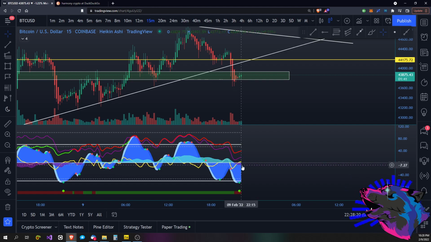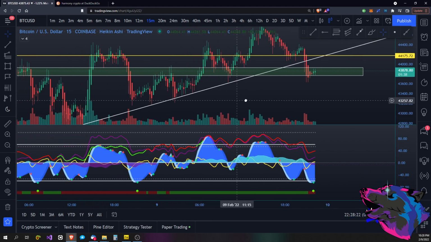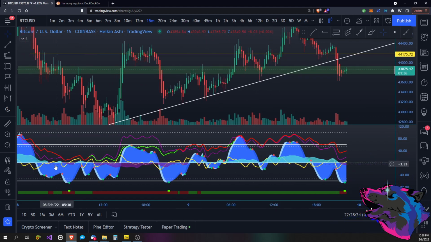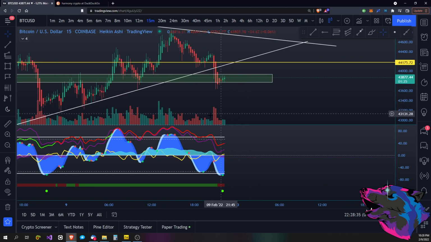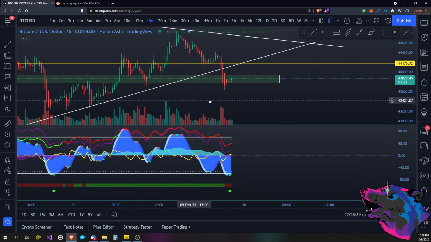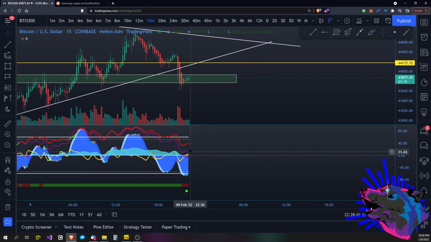Granted, when we're this small this early, it's too soon to tell if we're just going to be choppy like this, or if it's the beginning of a nice little curvature wave. And we did have a decent size green one there for a while. RSI is still coming down.